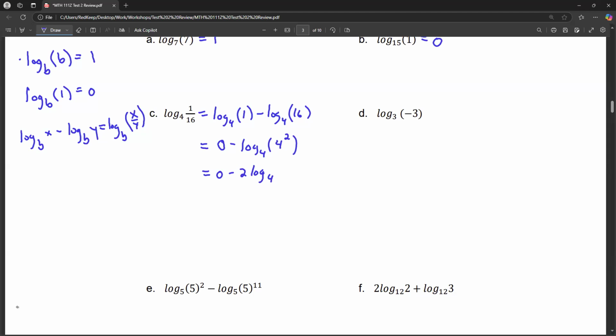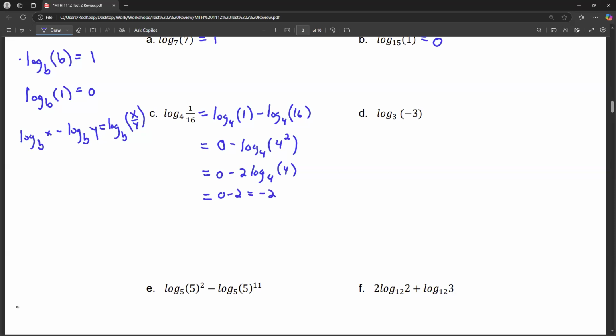So we have log base 4 of 4. Perfect, we're now using the rule that log base b of b is equal to 1. In our scenario, log base 4 of 4 is equal to 1. So we get 0 minus 2 times 1, which is 0 minus 2, and this is equal to -2.